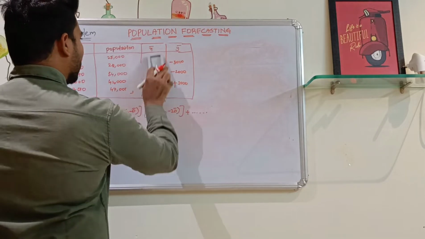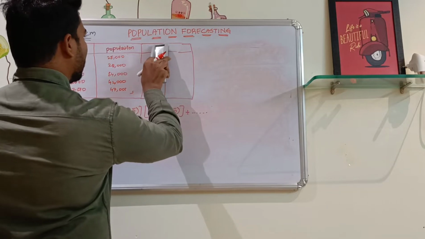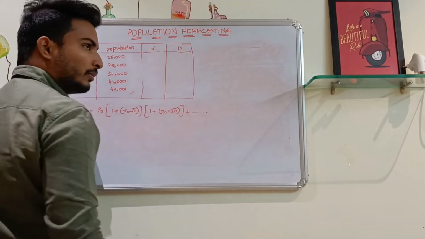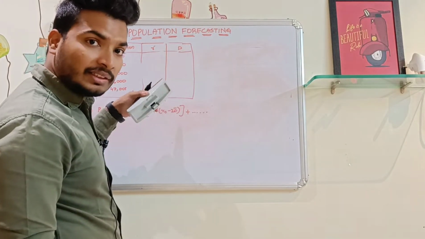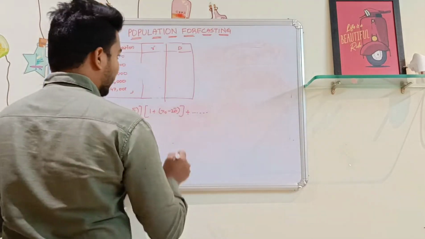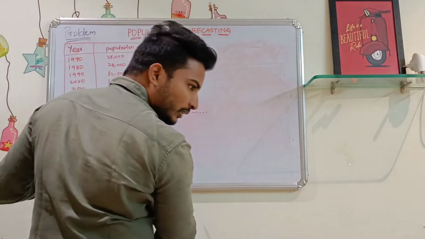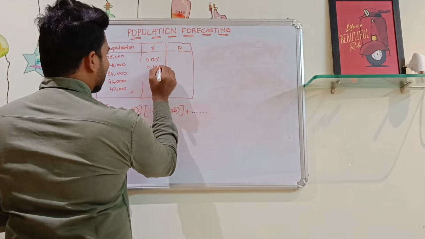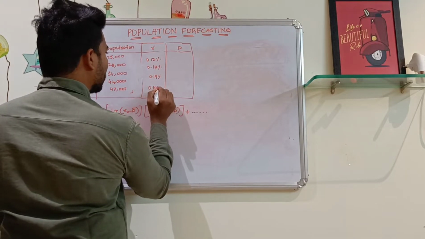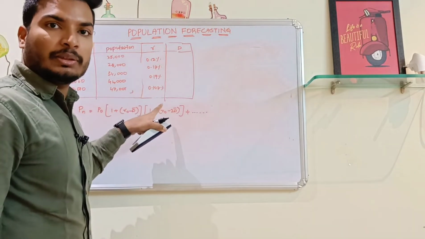What is R naught and what is D bar? R is the percentage increase in the population. So R we have already calculated before: 0.12%, 0.17%, 0.19%, 0.107%. So this is the rate of increase in the population.